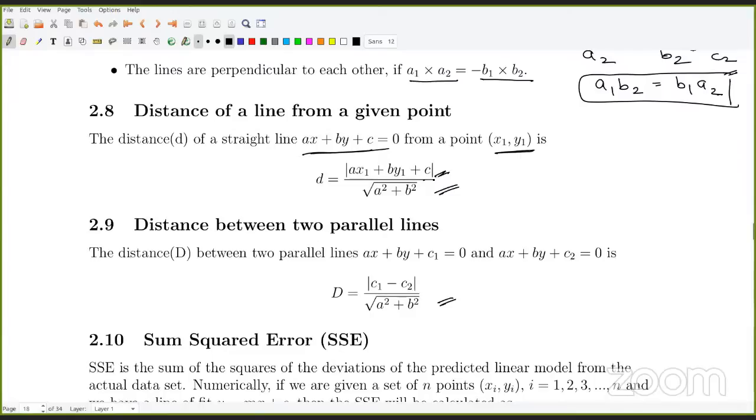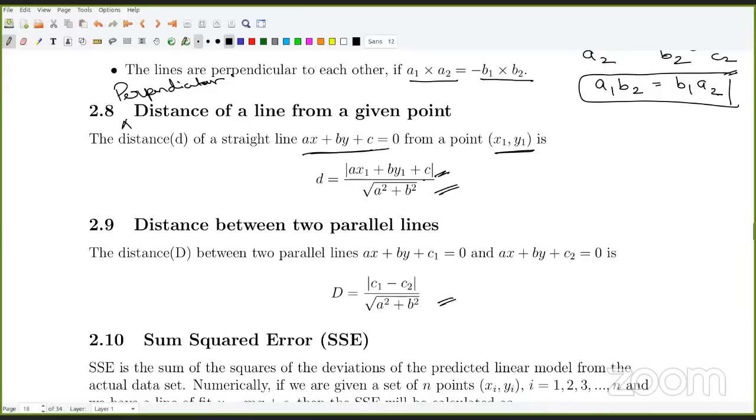That will be the distance of a line from a given point. And when we say distance, that actually refers to perpendicular distance. So don't ask us again that we never mentioned perpendicular. When we say distance, we are talking about perpendicular distance.